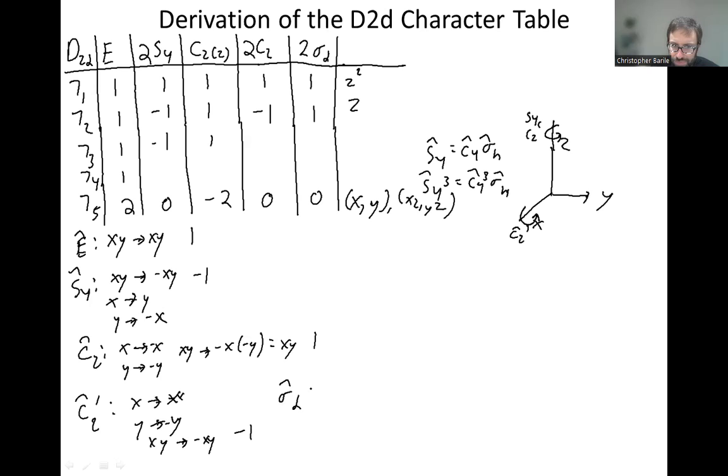Sigma d, x goes to y and y went to x, so xy goes to yx, which is equal to xy, we get a 1. And look what happened, we got the same function back as gamma 2, so we better put xy up there and erase our work. We did not generate anything new.